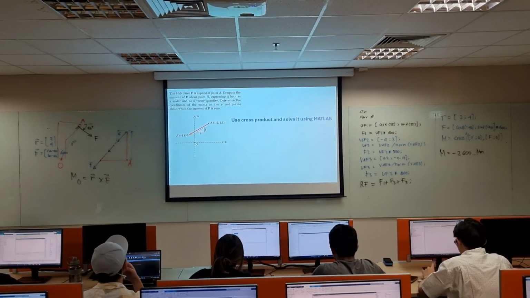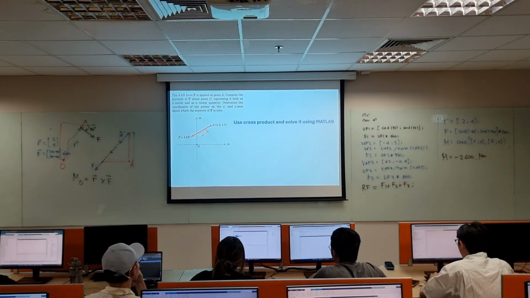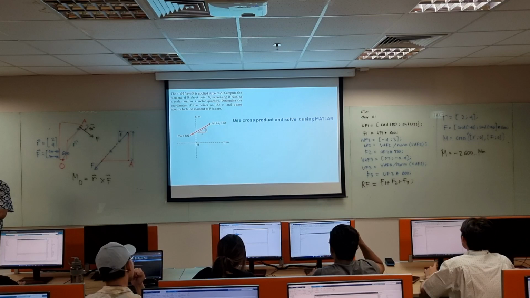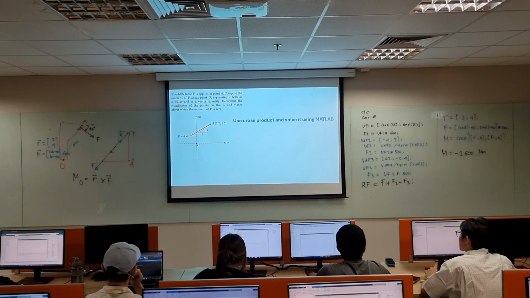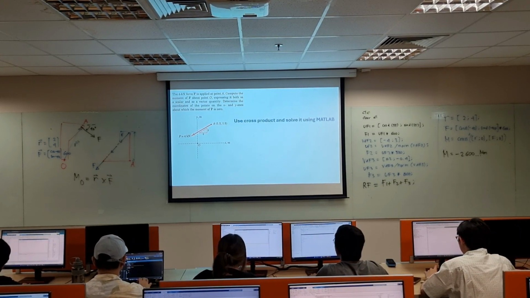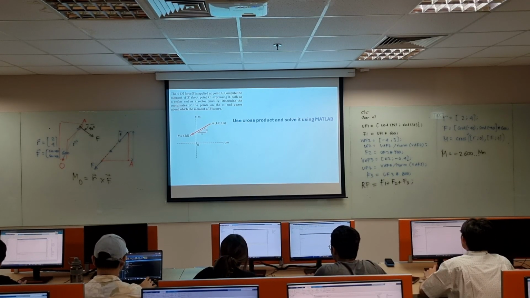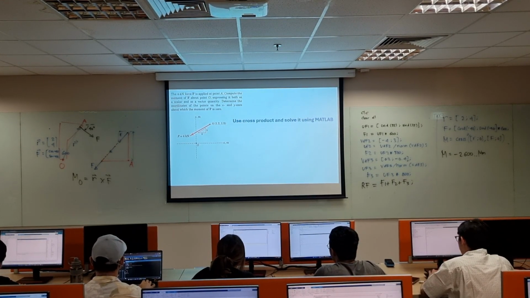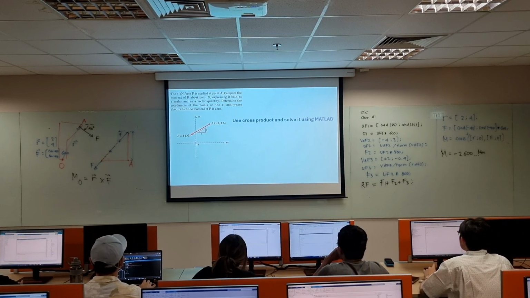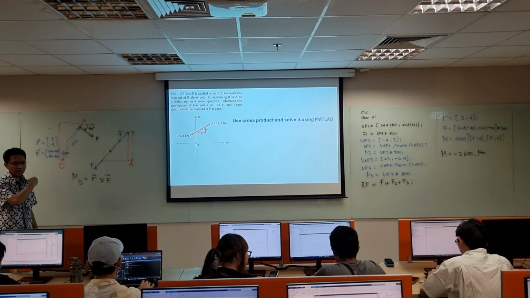3 and 5. Just use it. The moment about O should be, is it clockwise or anti-clockwise?